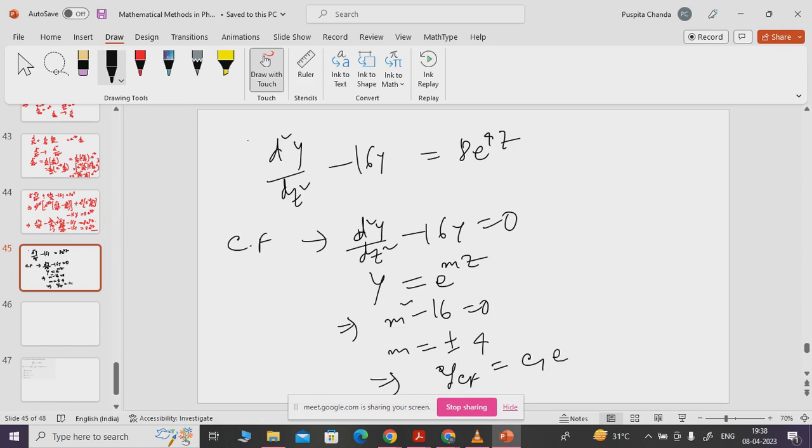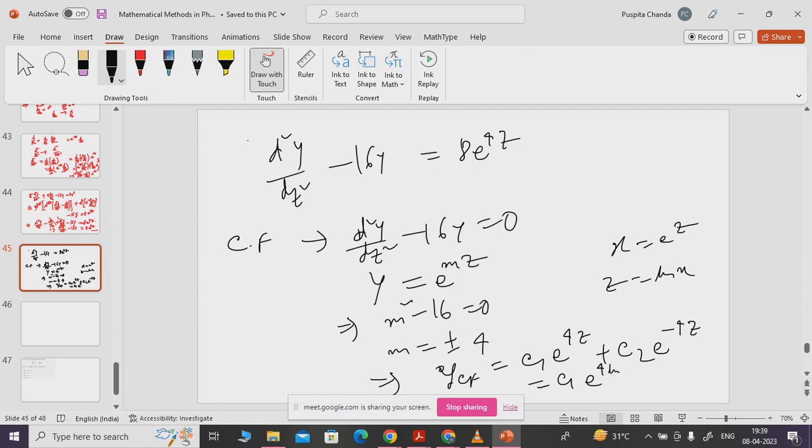So y complementary function will be c1 e to the power 4z plus c2 e to the power minus 4z. We need to put the value of z here. What is z? z is equal to ln x, because we have already assumed x is equal to e to the power z.